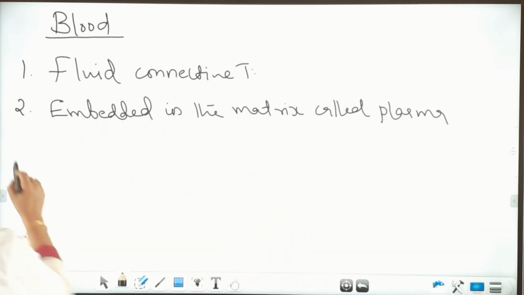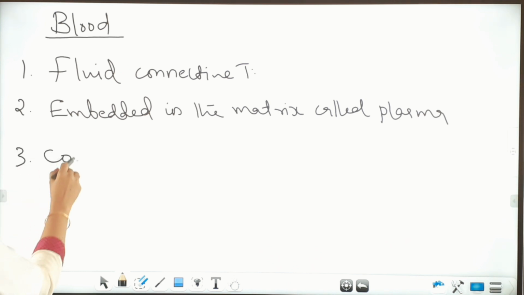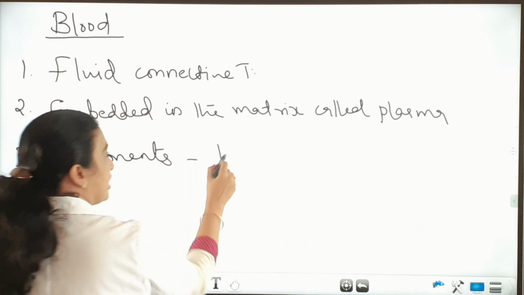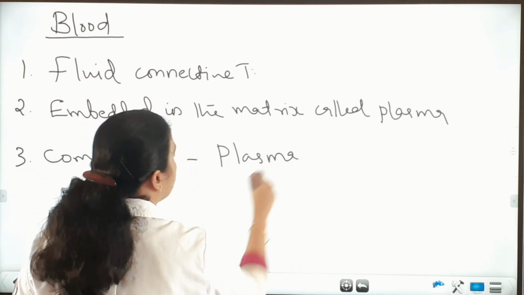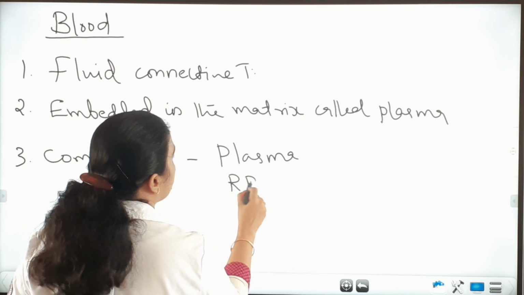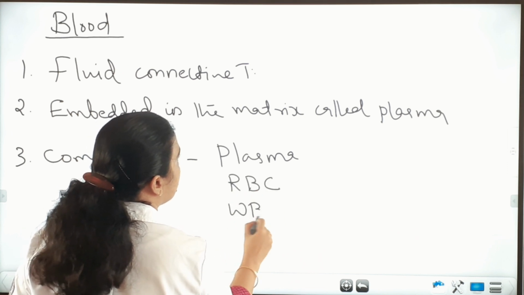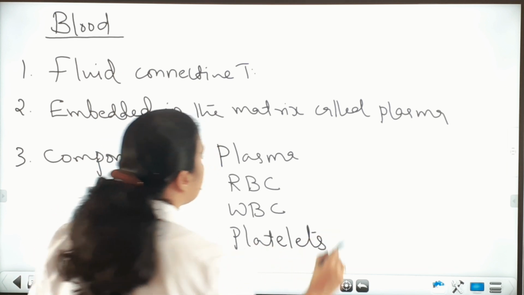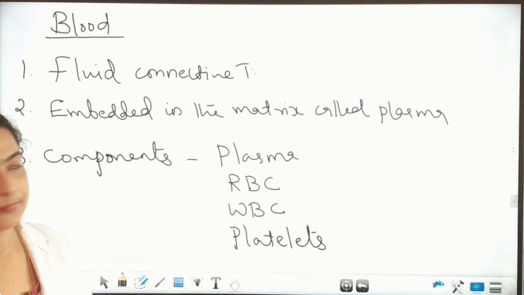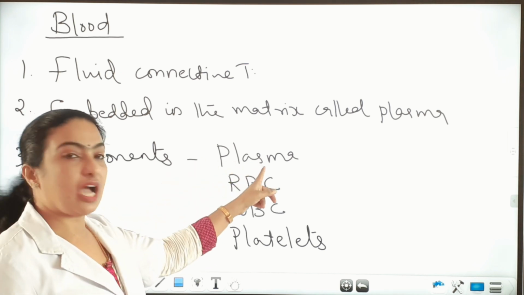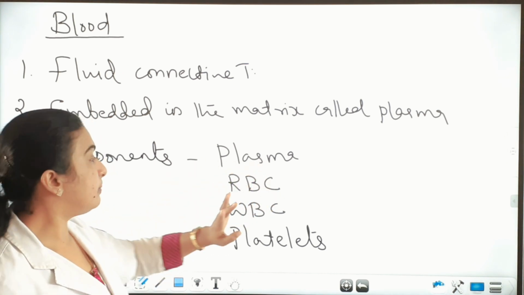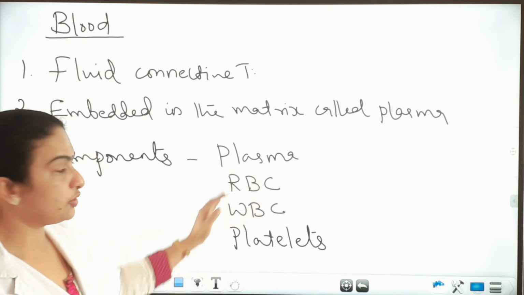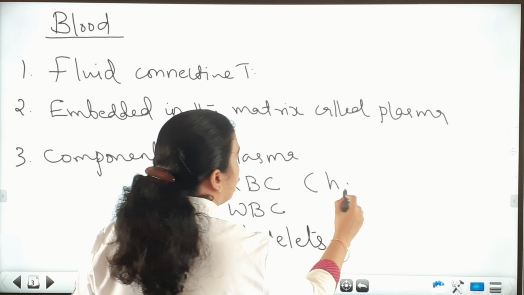And the other major components of blood are plasma, then RBC, then WBC and platelets. These are the major components of blood. So plasma provides liquid nature to the blood, and RBC provide a red color to the blood due to the presence of hemoglobin.